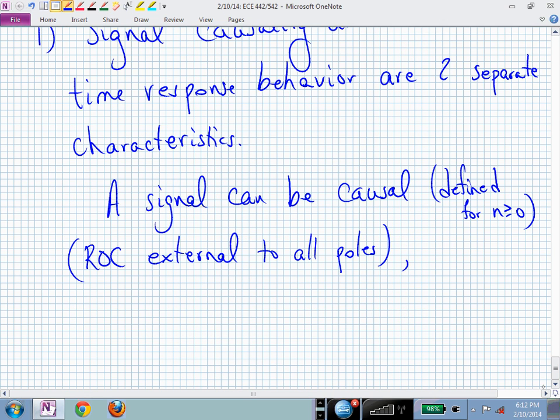And even though it's defined for n non-negative, the signal itself could be unbounded. And we just saw that in one of the examples.